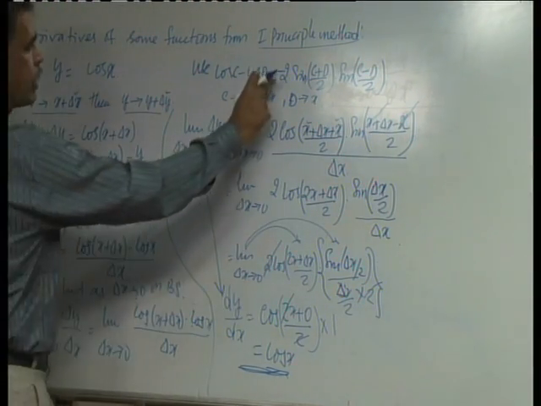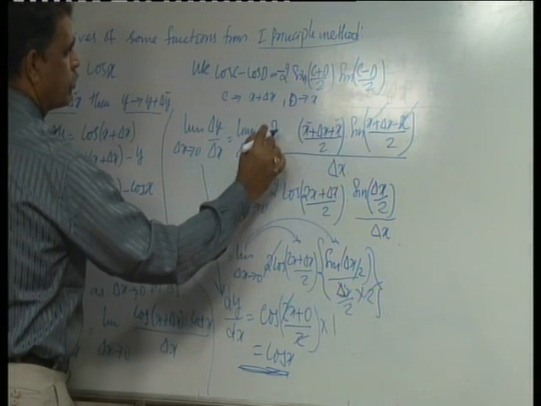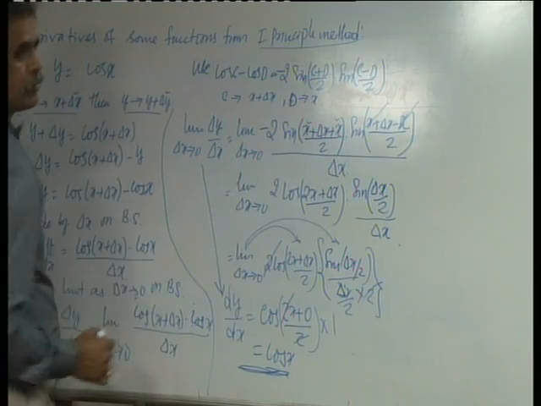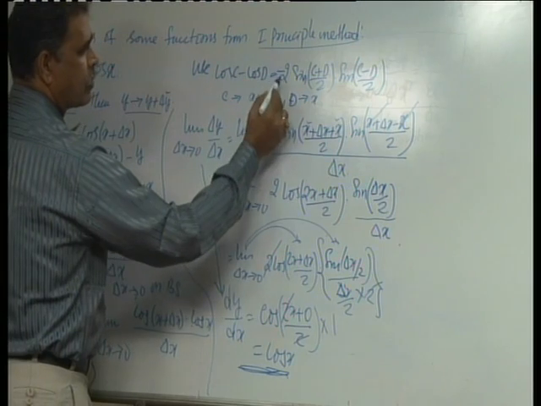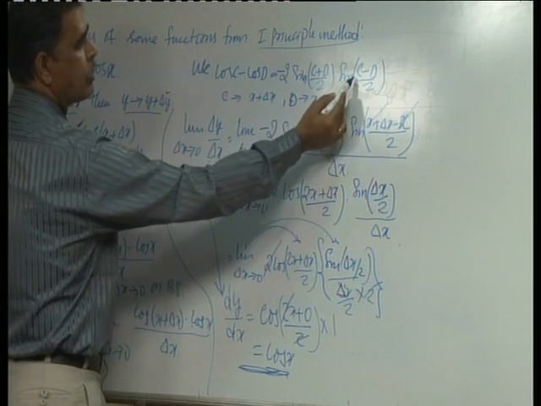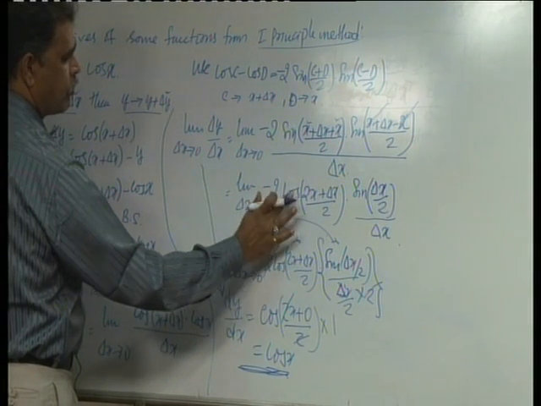So, according to that it will become minus 2 into cos becomes sine. This is always in sine only, because cos c minus cos d is minus 2 sin c plus d by 2 sin c minus d by 2. This sign remains as it is, only this thing we have to change.